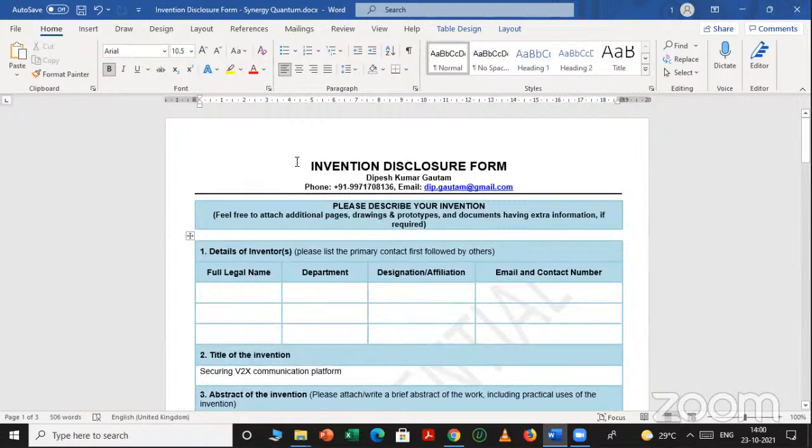So I'm again saying, writing the invention disclosure form, IDF, is an art. If you can write a good idea form, like 2 years back, I was working with one of the leading European attorney firms, and we were doing a drafting project, basically drafting the patent for their client's invention.